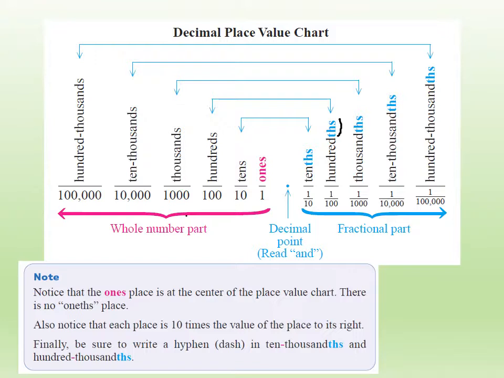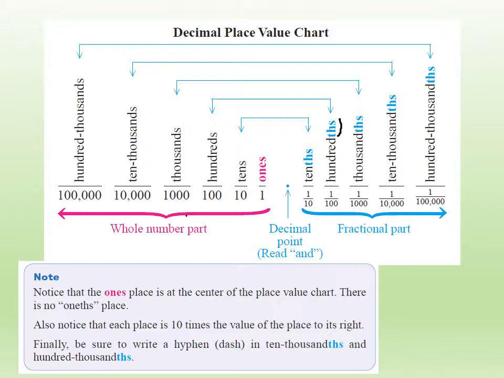And again, don't forget your hyphens. Okay? What do you guys notice? Another thing that you should notice from our place value chart. One more thing, besides that there are no ones and that they end in THs, there's another very significant thing that you should notice. We're finally allowed to say "and."